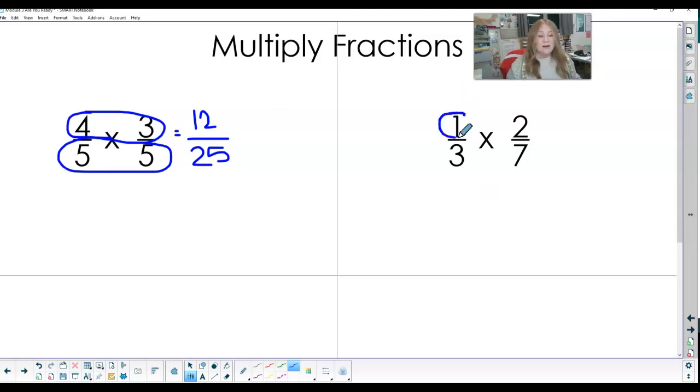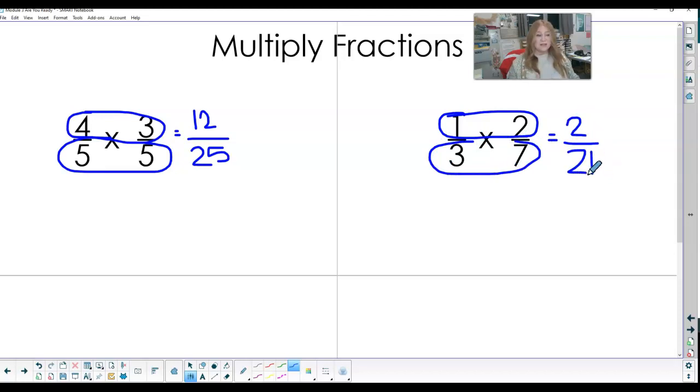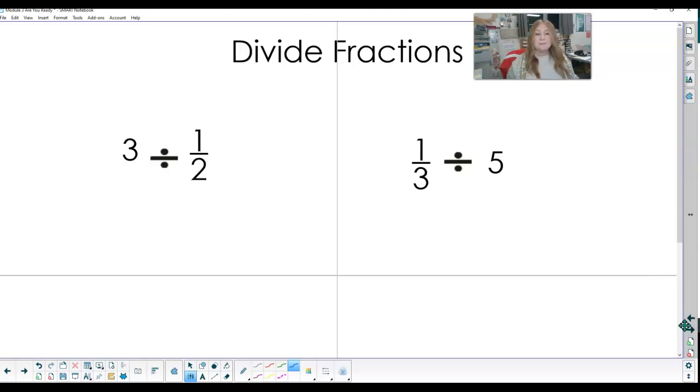Here we have 1 times 2 is 2 pieces, and 3 times 7 is 21 pieces, 2/21. Nothing goes into 2 and 21, so it is simplified. So multiplying fractions: multiply your numerators, multiply your denominators.